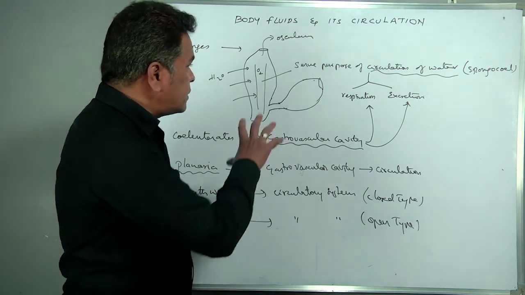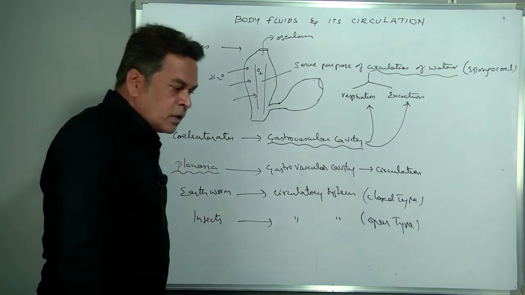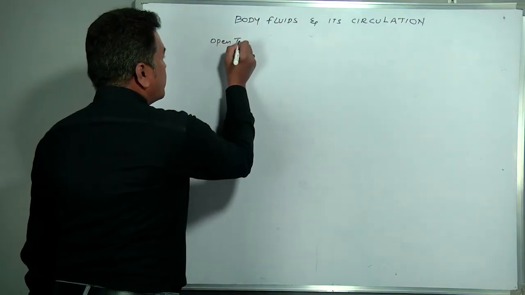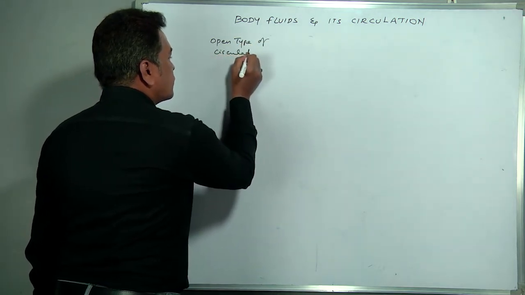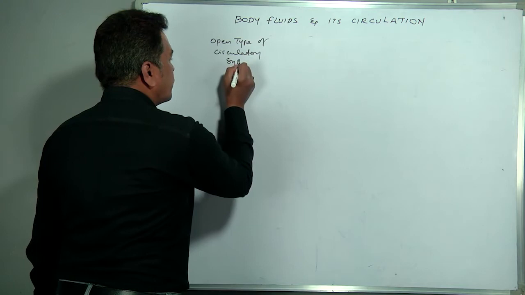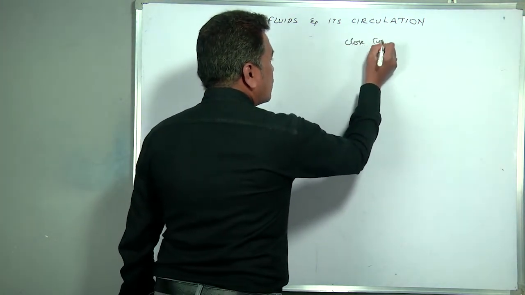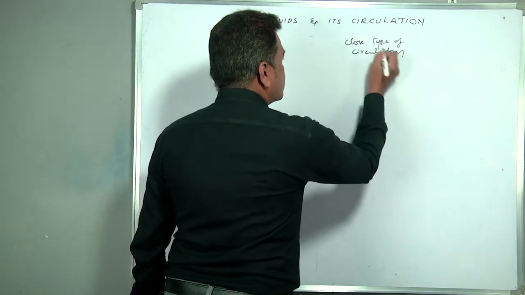Now we'll discuss the differences between the open type and closed type circulatory system. See, open type circulatory system and closed type circulatory system, what actually does it mean?